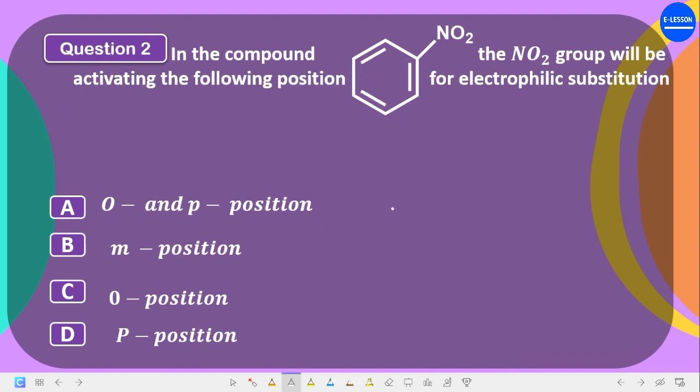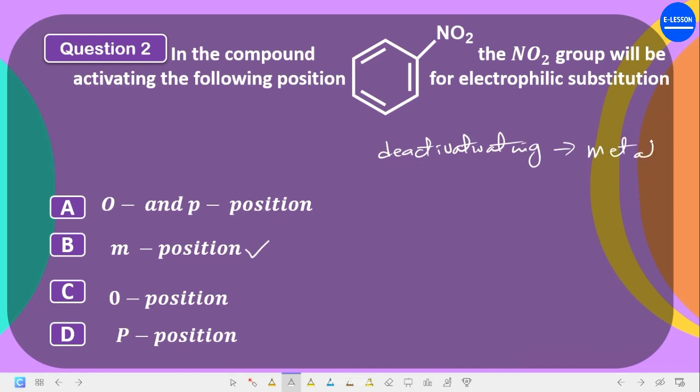The position it will direct the electrophile to is the meta position, because deactivating groups usually direct to the meta position.